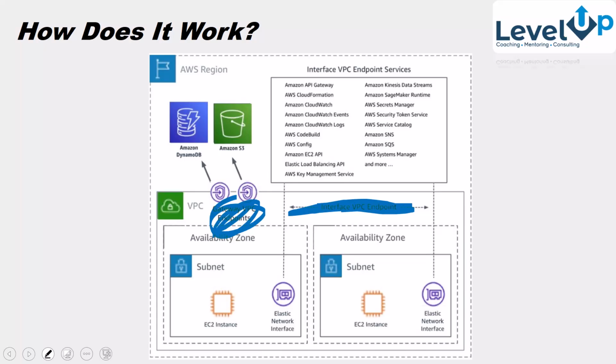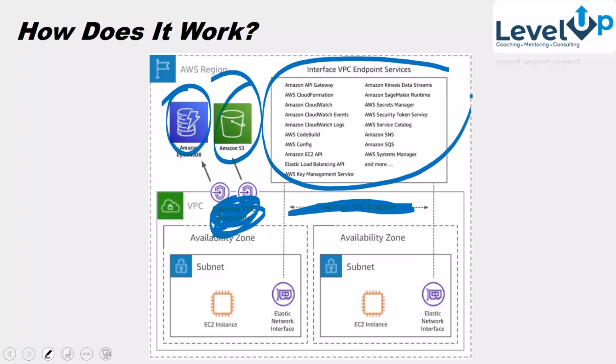A gateway VPC endpoint only supports two services. One is Amazon DynamoDB. The second one is Amazon S3. If you want to communicate with any other services using a VPC, we have to use an interface VPC endpoint. Gateway endpoint is for DynamoDB and S3. For all other services, it is an interface VPC endpoint.